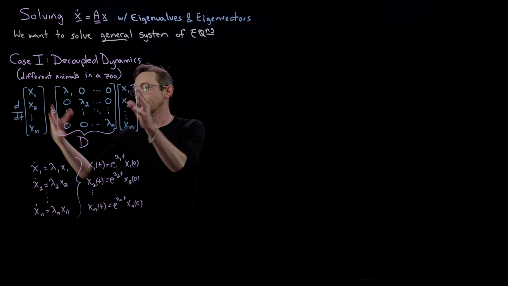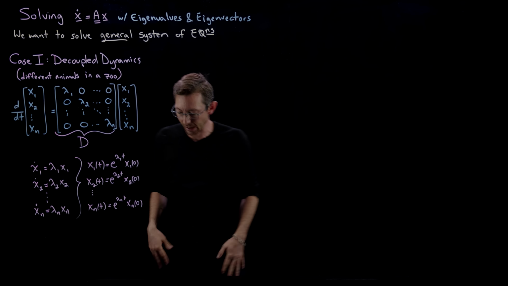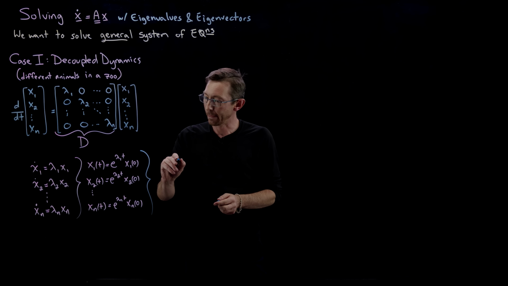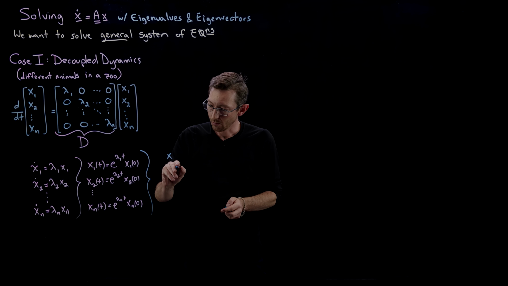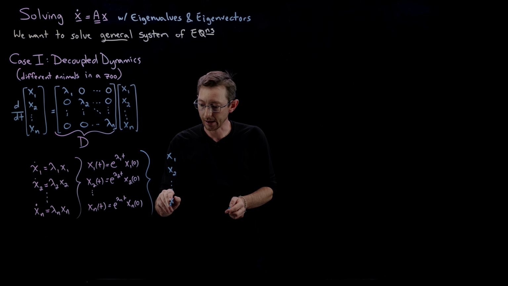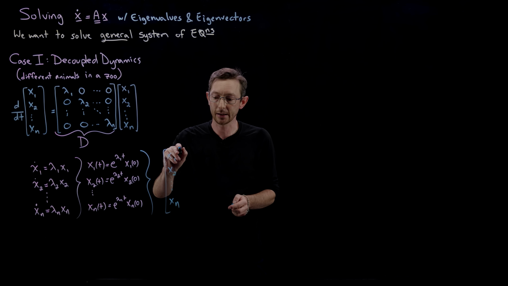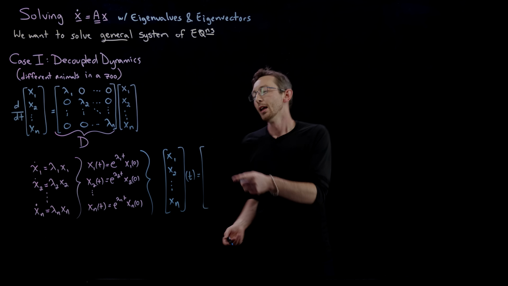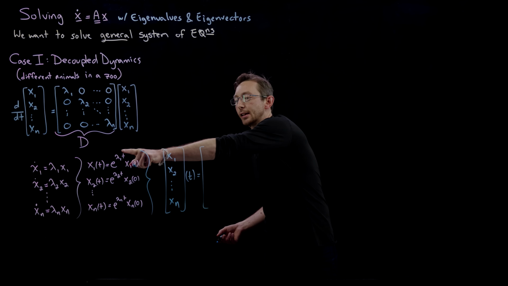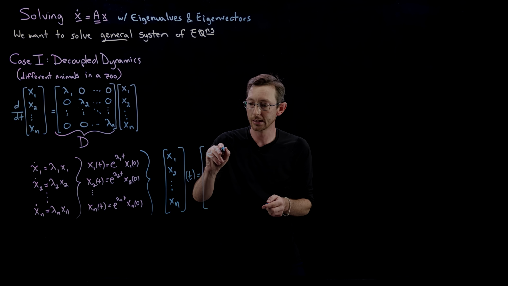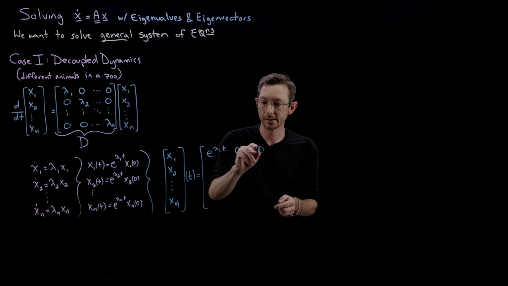And if I like, I can write this solution again in matrix form. I can just say, this big vector x1, x2, dot, dot, dot, xn at time t is equal to, and now I have a diagonal matrix of exponentials. I have e to the lambda 1 t, 0, dot, dot, dot, 0.